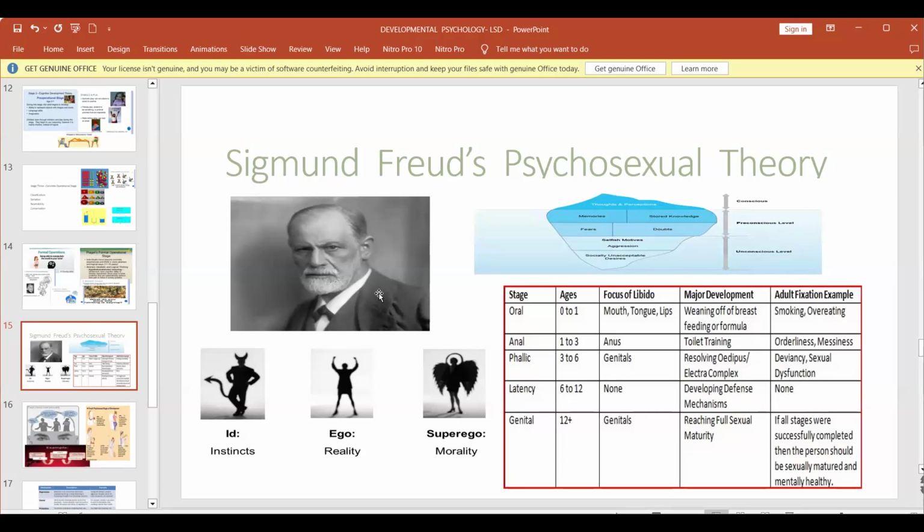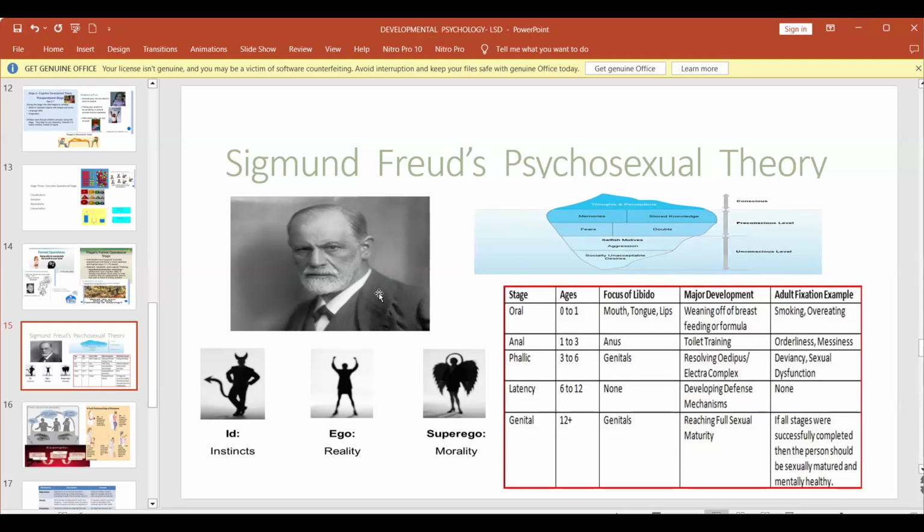Right. If you want to discuss Sigmund Freud's psychosexual theory of personality development, you have to discuss it in 3 components once again. What are the 3 components? First one, the 3 parts of the mind.